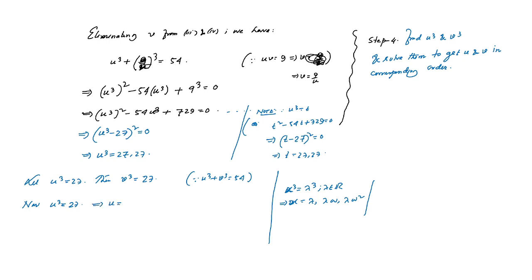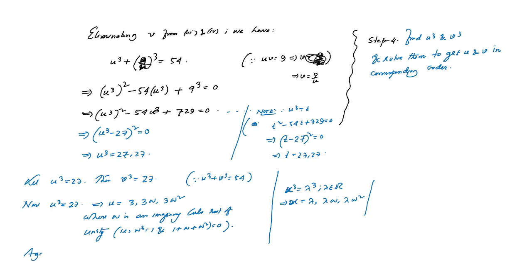So from that we can write u equals to 3, 3 omega, 3 omega square, where omega is an imaginary cube root of unity. What exactly does that mean? That is omega cube equals to 1 and 1 plus omega plus omega square equals to 0.